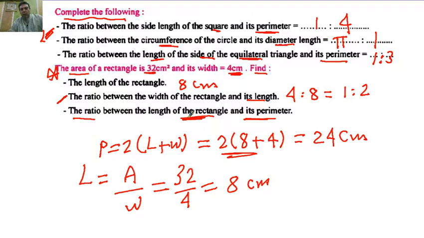The ratio between the length, 8, and the perimeter, 24, simplifies by dividing by 8 to 1 to 3. That's the ratio between the length of the rectangle and its perimeter.